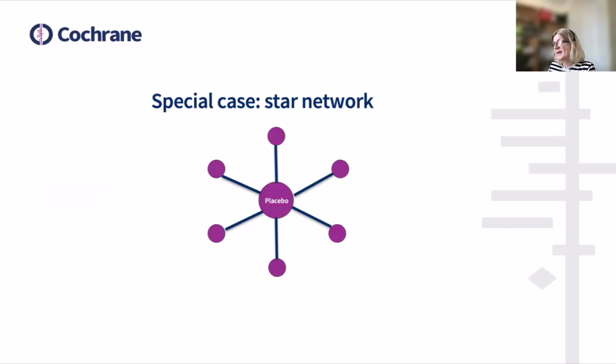It's worth mentioning a special case when thinking about evaluating inconsistency. Sometimes a network will look like this. It's known as a star network. This often happens when a new class of drugs emerges. In initial trials, the new drugs are only compared to placebo and not to each other.